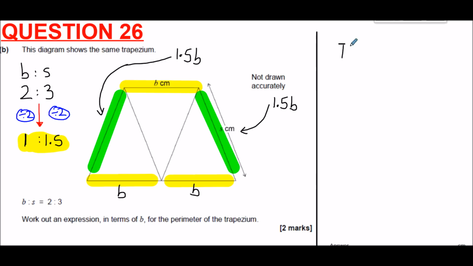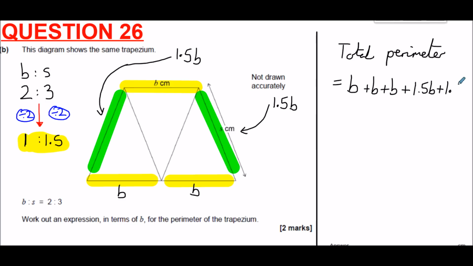So a total perimeter we can do now, which is the total length all the way around the outside. It's going to be b at the top, plus the 2 b's at the bottom, plus 2 lots of s, but s is the same as 1.5b. So you've got 1.5b plus another 1.5b.